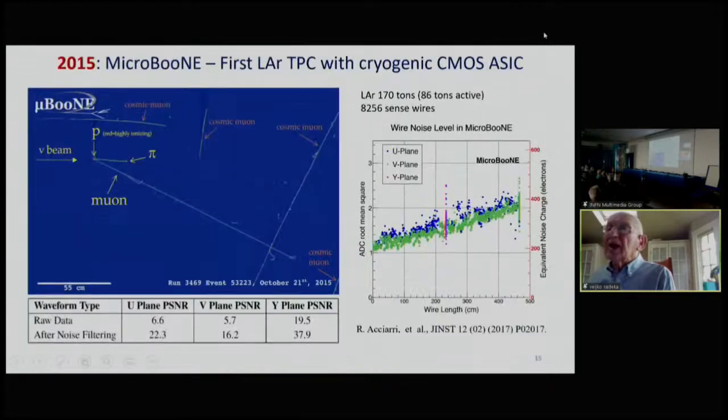So going from that, I show you the MicroBooNE experiment, commissioned and started running in 2015. The one that has produced most physics so far is the first liquid argon TPC with cryogenic CMOS ASIC. MicroBooNE had about 8,000 sense wires. For these wires, the induction planes had different wire lengths going to 5 meters.